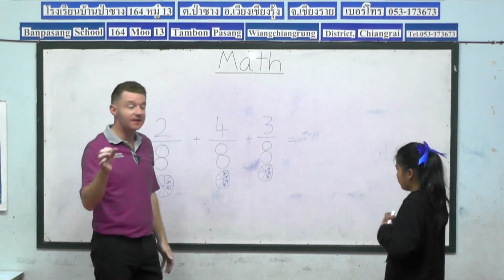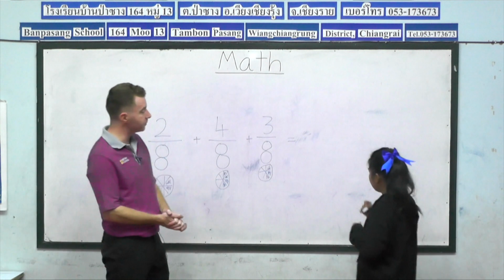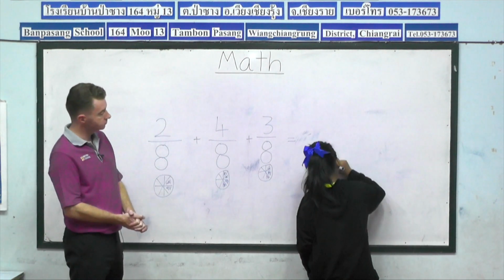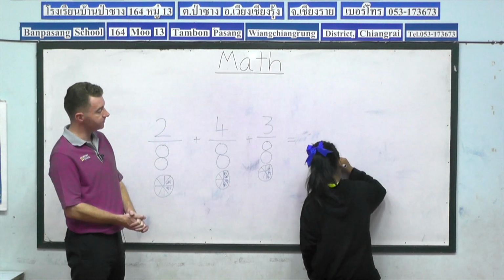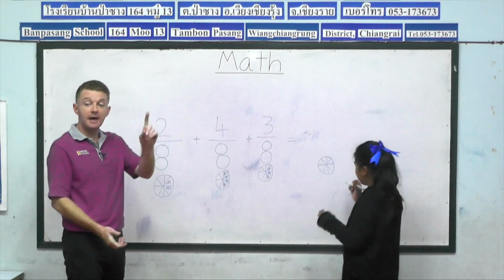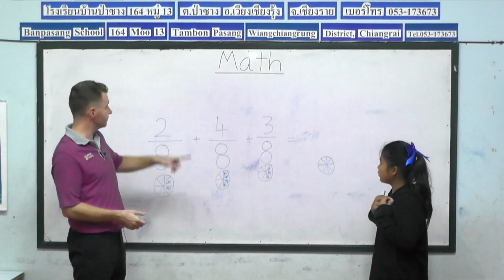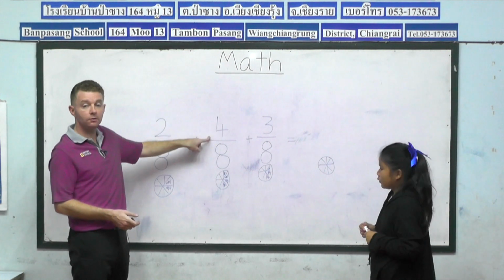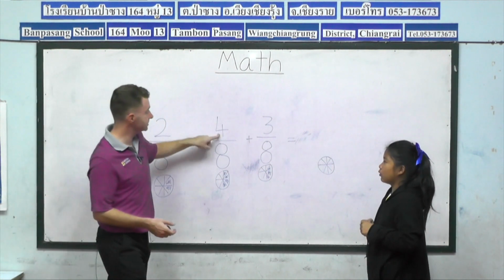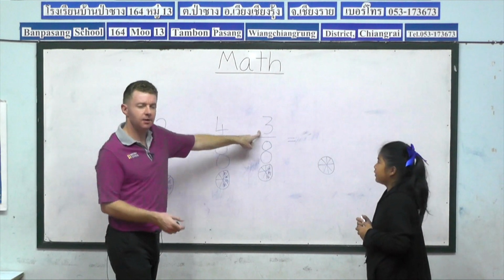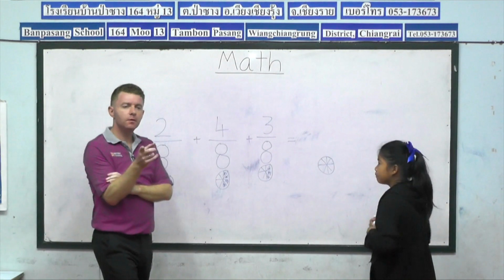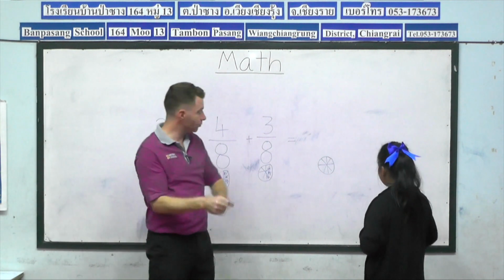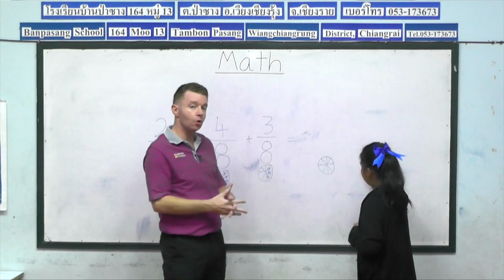So now let's answer. So let's have our circle with 8 parts. 2, 4, 6, 8. Perfect. So now let's add the fractions together, guys. 2 plus 4 equals 6. 6 plus 3 equals 9. But wait a moment. We need another circle. So what we do is we can colour in all the parts here.